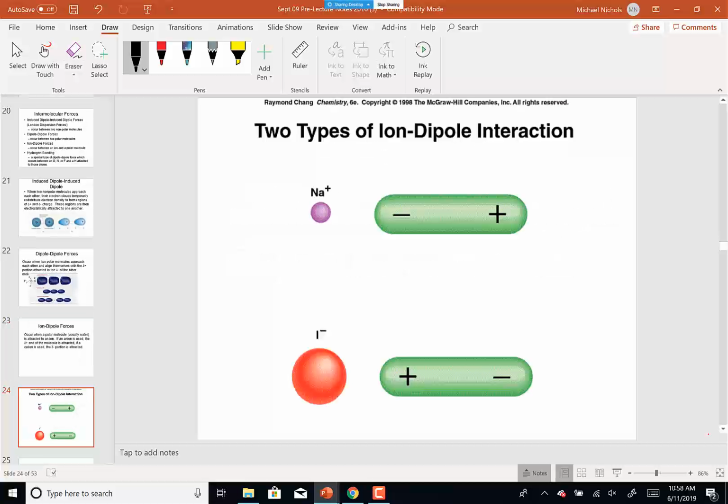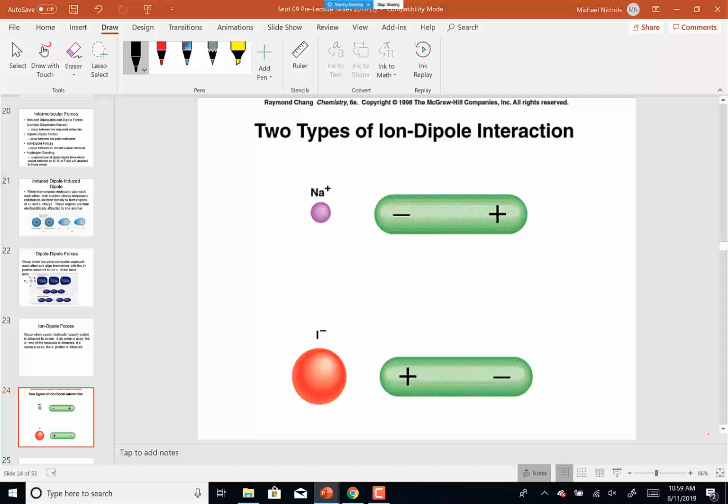If you had an ion and a nonpolar molecule, it's going to be pretty weak. But if you have an ion with a polar molecule, that's going to be much stronger. So if you think about having like a sodium ion in water, the sodium plus with a full-blown +1 charge, not a delta plus, but a full-blown +1, interacting with a delta minus, that's a much stronger force than delta plus, delta minus.